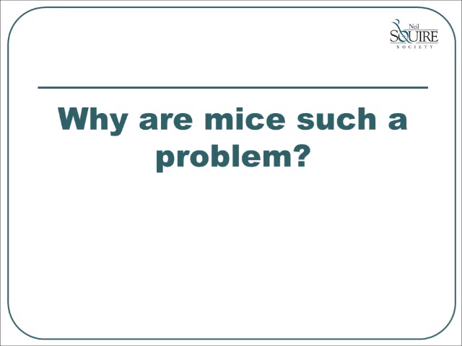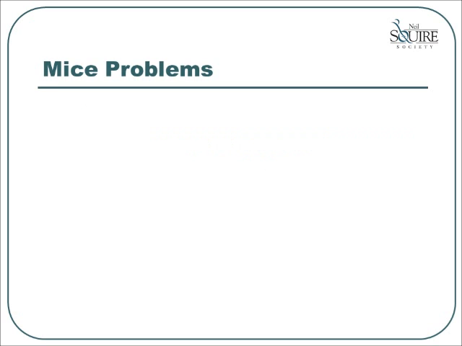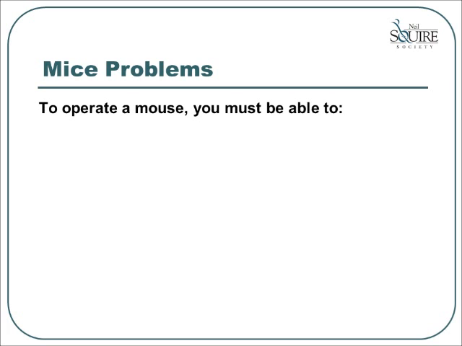The first topic we are going to cover is why mice are such a problem. Our mousing problems arise from the resulting position that is required to operate a mouse. First, you must be able to bend your elbow.